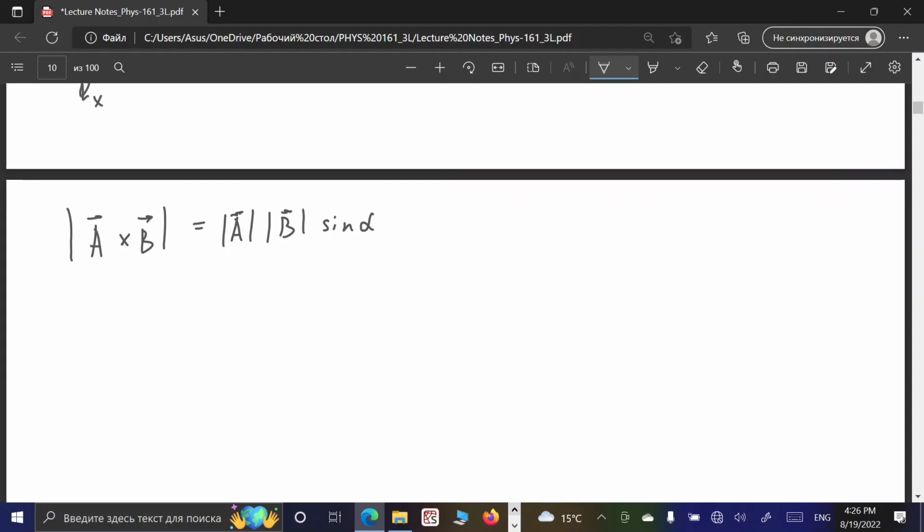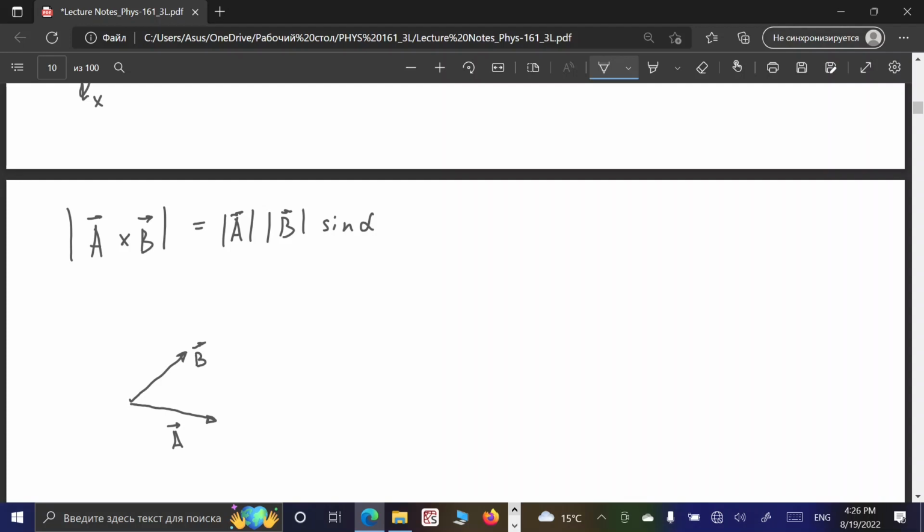Let us have two vectors, A and B. So something like this. This is vector A, this is vector B. Imagine that we have some plane. It's not drawn in the plane of our board, but we will consider this for better understanding also.